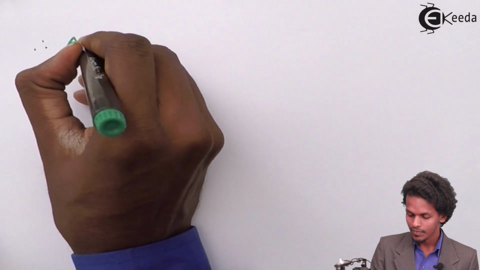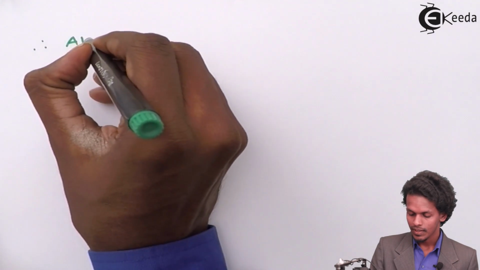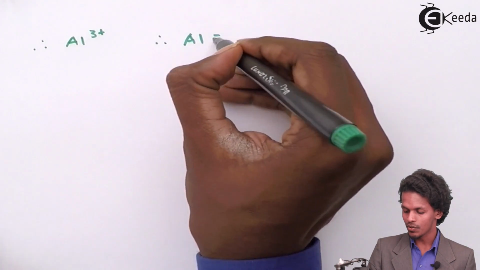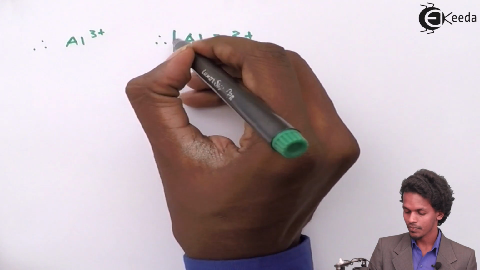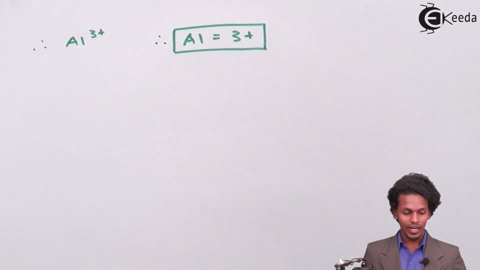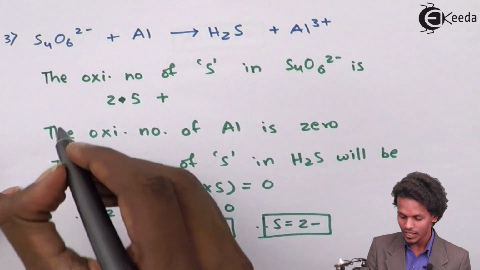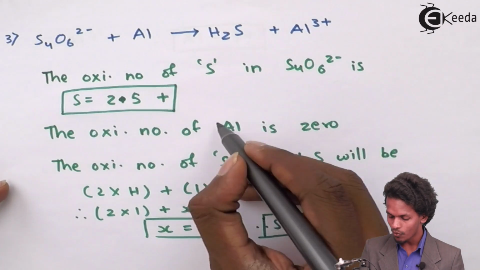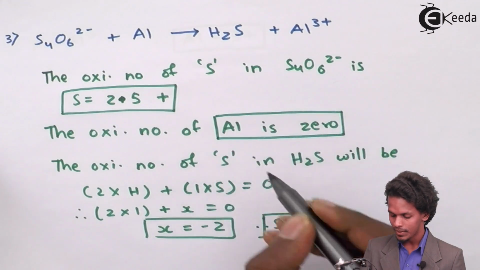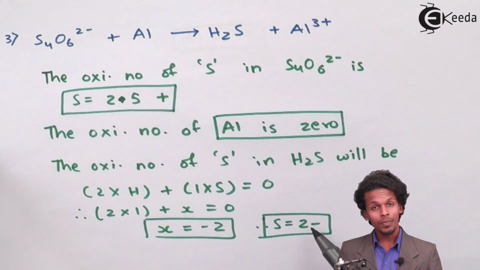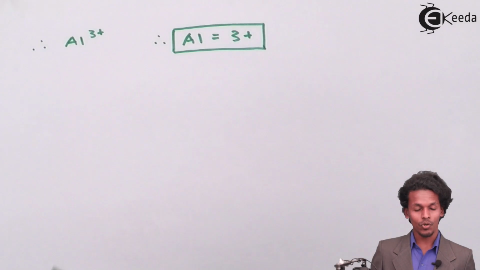Now at last, the oxidation state of aluminium 3 plus is equal to 3 plus. So this is how we have calculated. Initially we calculated the oxidation state of sulfur as 2.5 plus. Again for aluminium it was found to be 0. Again for sulfur in H2S it is found to be 2 minus, and for aluminium it is found to be 3 plus.